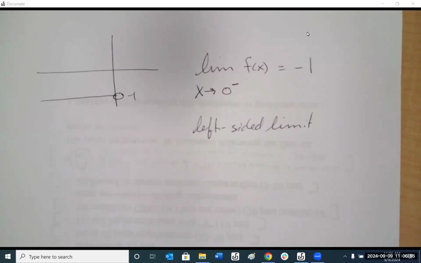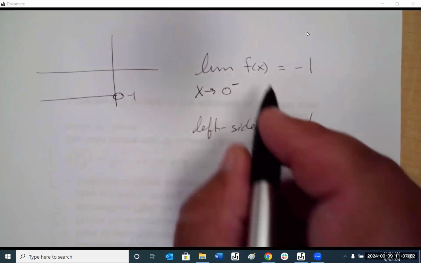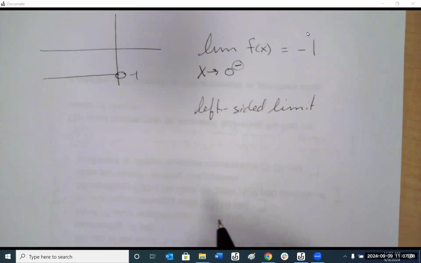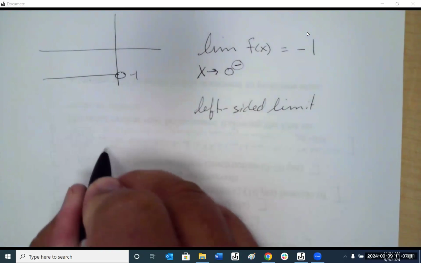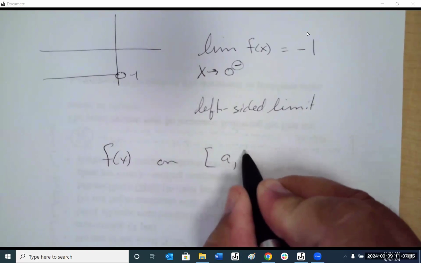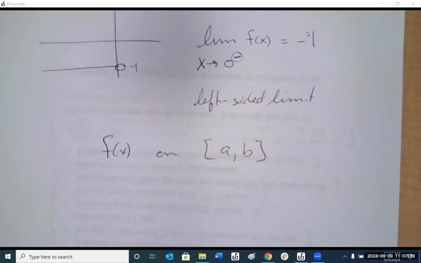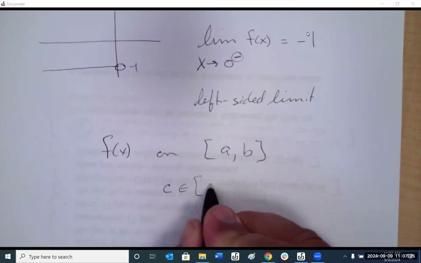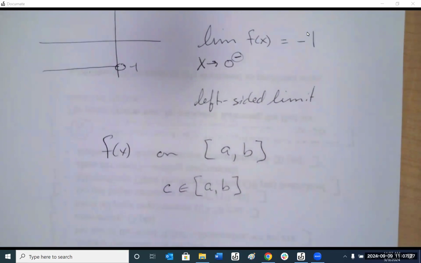Let's say it's at 3 instead of 0. Would it still be negative if it's on the left side? Yeah, this is not a negative per se. It simply means it's the left-hand side, because it all depends on, remember, our functions are always defined on, so far we're dealing with only closed intervals, and c is an element somewhere inside that interval.